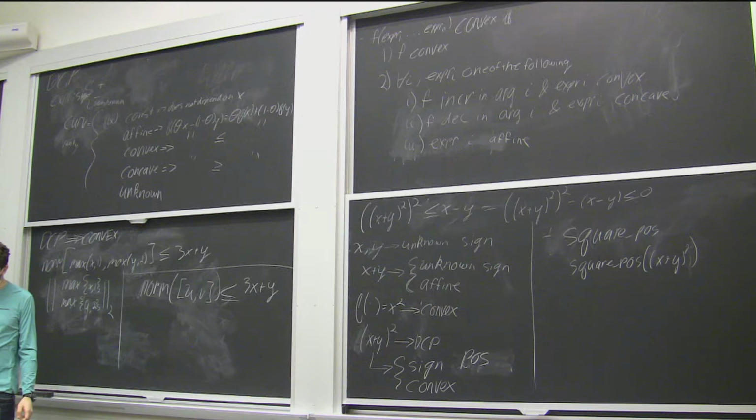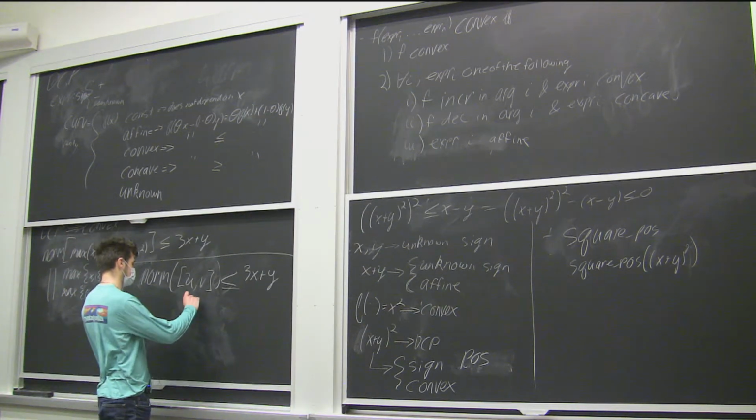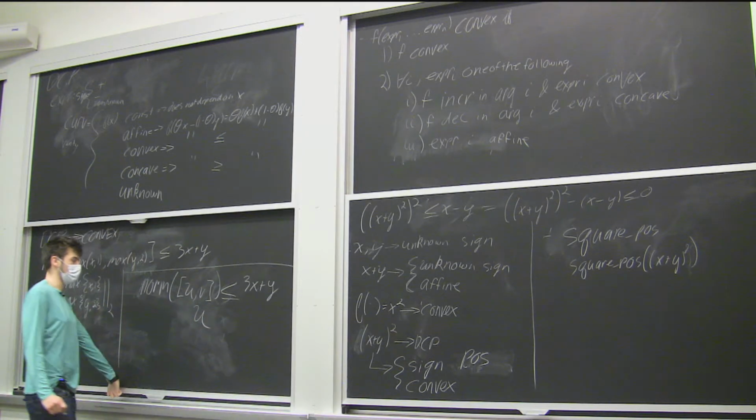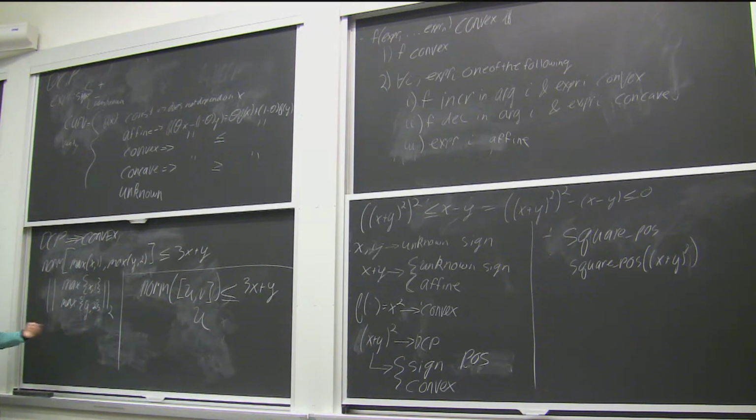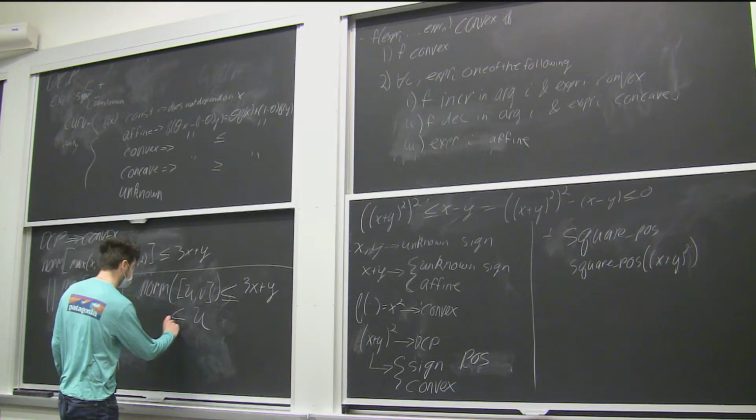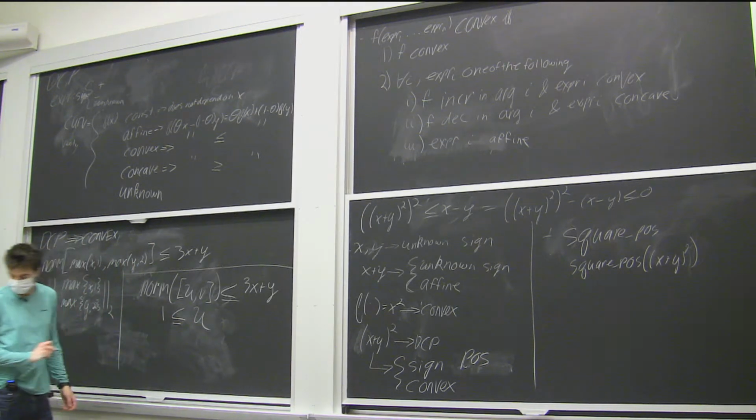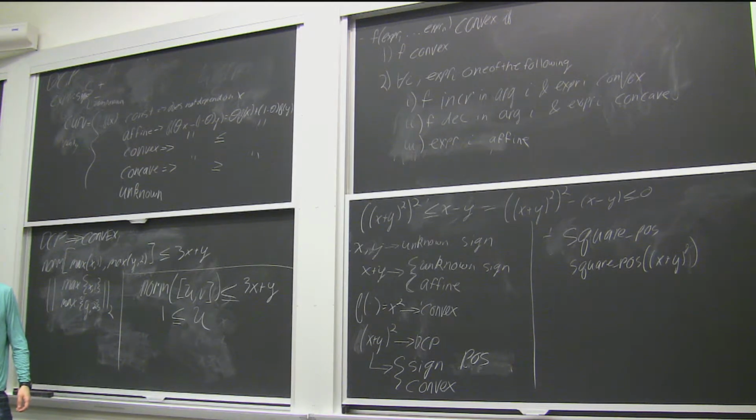How can I constrain u, for example, so that I have an equivalent set of constraints? u does have to be at least one, sure. But I need to be a little bit more than that.